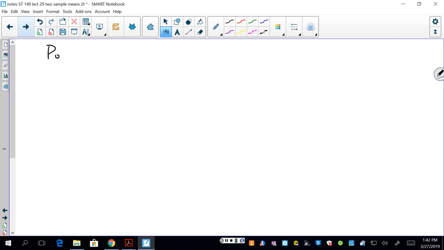So the pooled version of S squared either has a P here, or you can write pooled down there. The pooled version is, we have the first group and the second group. We combine those, and we weight them by their degrees of freedom.